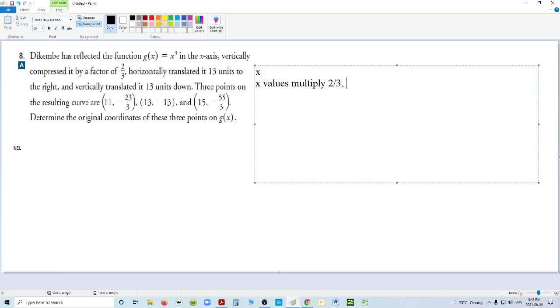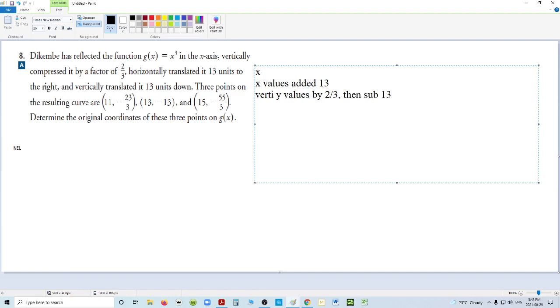Then he horizontally translated 13 units to the right. So then he added 13. Then he vertically translated it 3 down, but he also had a vertical compression. So actually he has no horizontal compression. He just added 13. Vertically, he took the y values and he multiplied by 2/3, then subtracted 13.